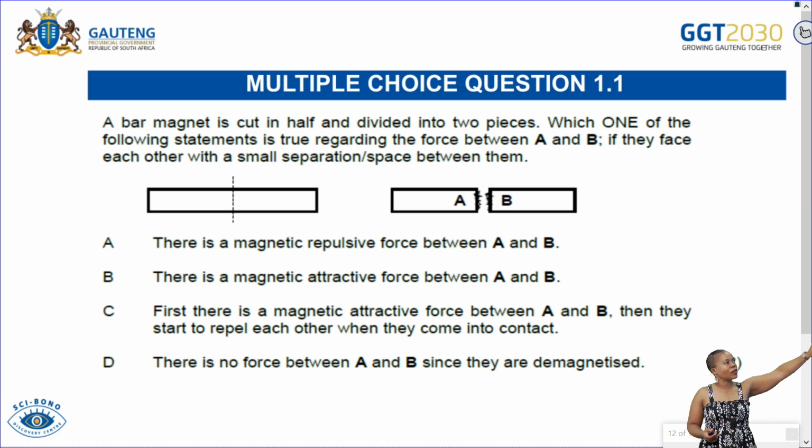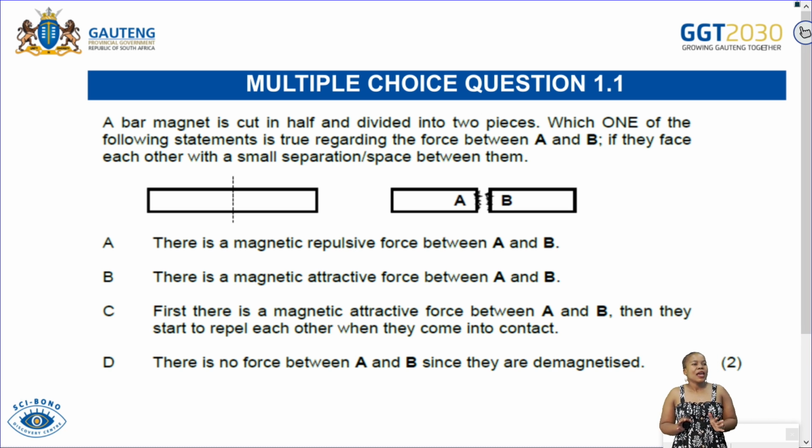Okay, so if you had a north on this side and a south on that side, that means if you cut them in the middle, the one with the south would then have its north, and the one that had its north will therefore have its south. So let's look at the options that they've given us.